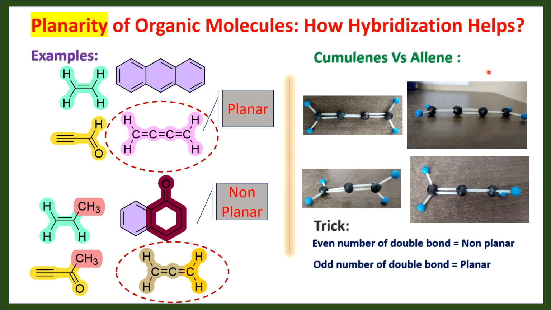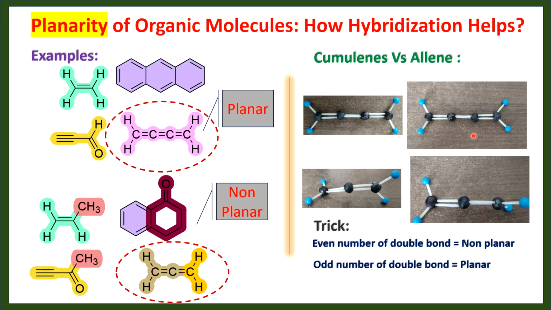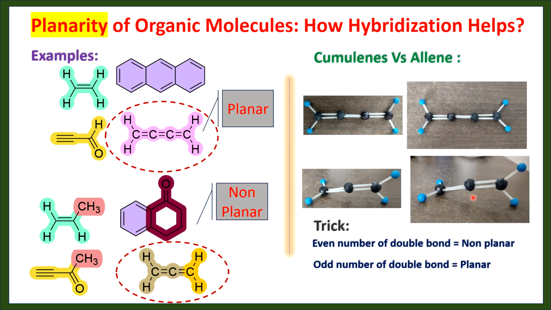Look at this video, how this looks in plane, and you could see that the two double bonds and the middle double bond are perpendicular to each other, whereas in this case we could see the same, it has two double bonds and one is perpendicular to the other. This is Allene, this is Cumulene.